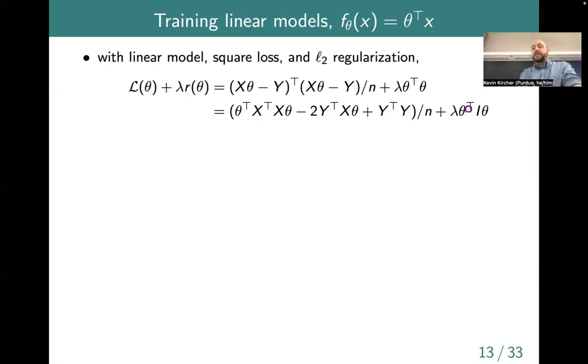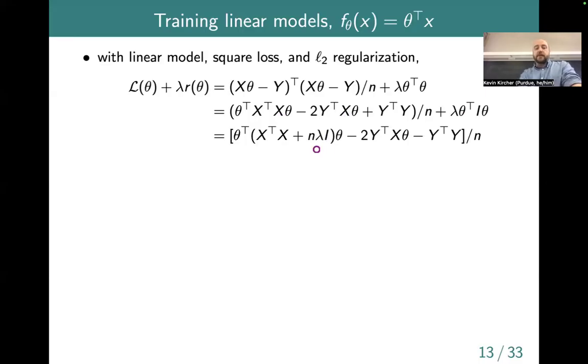But we're going to factor out thetas from each of the terms in order to simplify this expression. So we multiply this term by n and factor out a 1 over n. Then we have a couple of terms that look like theta transpose times a matrix times theta, and that's where we get n lambda times the identity matrix.